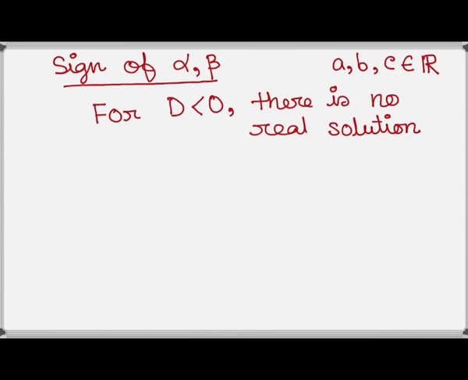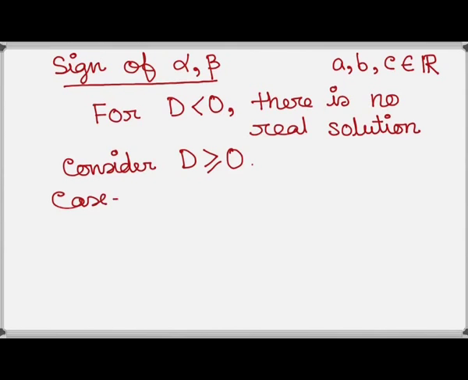So for D strictly less than 0, we cannot study the sign of alpha and beta. We assume D to be bigger than or equal to 0.